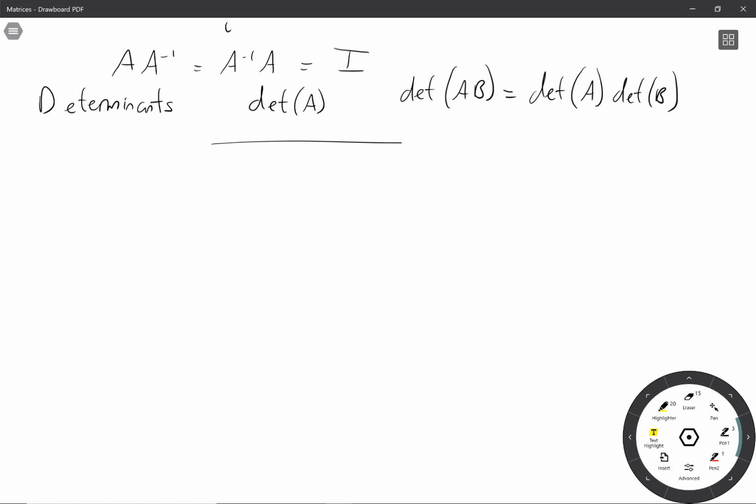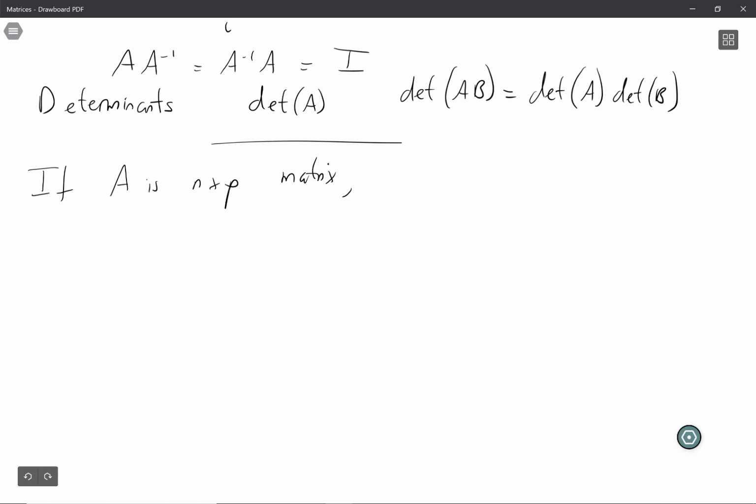Okay, so the right way to think about matrices is as linear transformations between different vector spaces. So if A is an n by p matrix, we can view it as a map, as a linear transformation between two vector spaces.